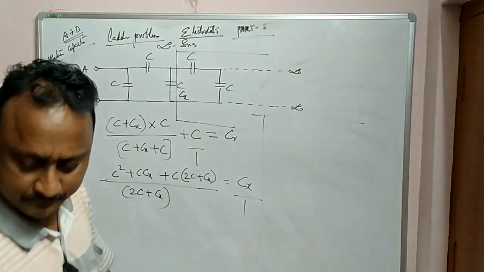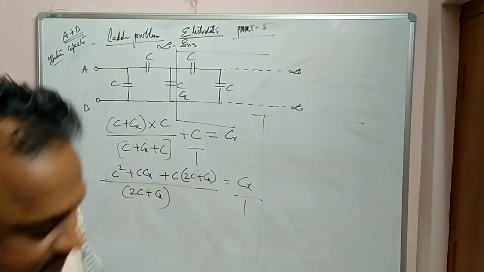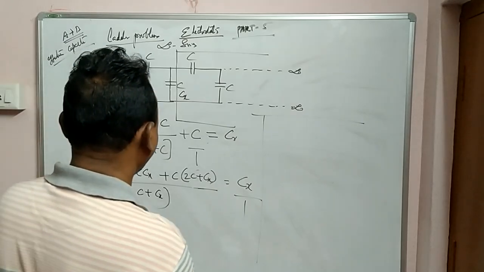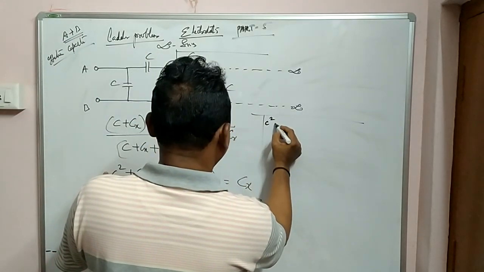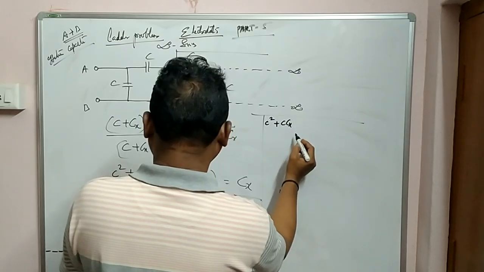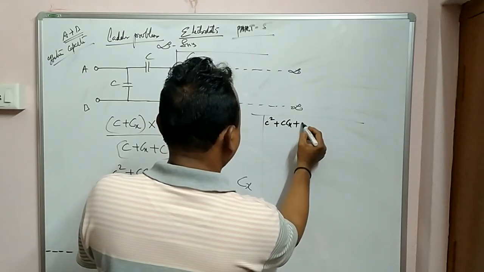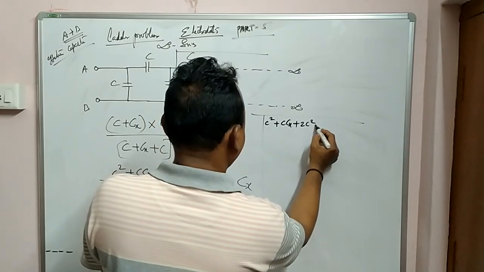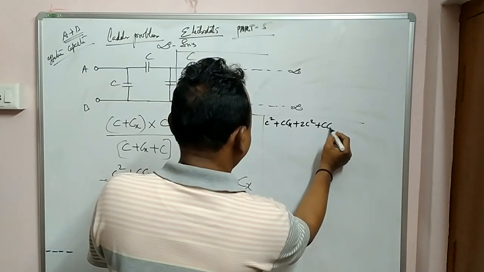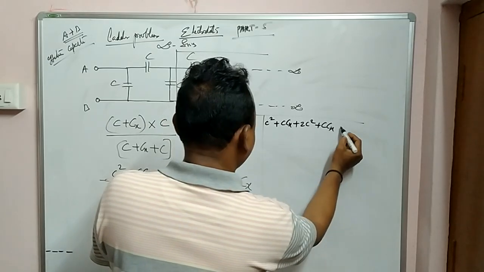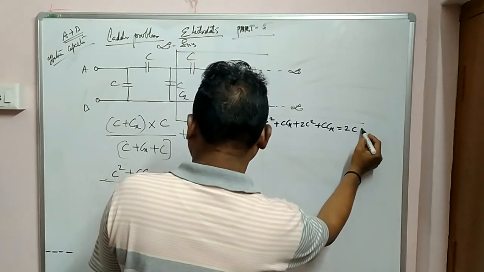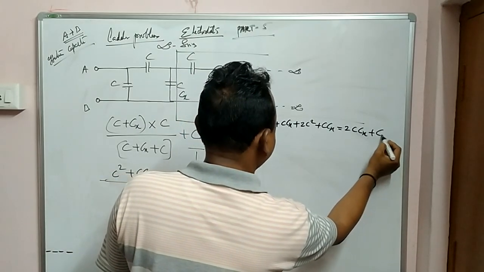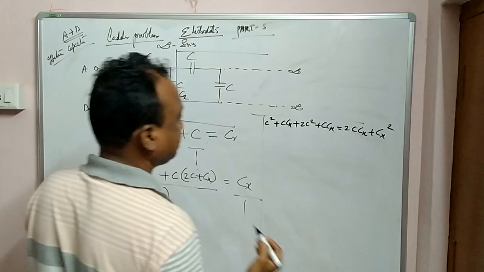What is the value? Even though it is a big process, you have to solve it, because I am telling you the general process. So here c square plus ccx plus 2c square plus ccx is equal to 2ccx plus cx square.